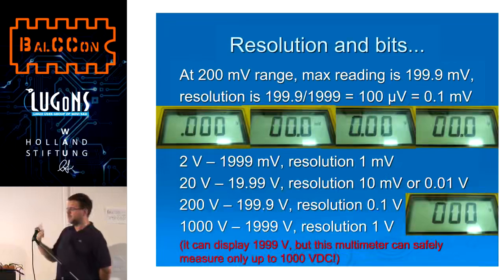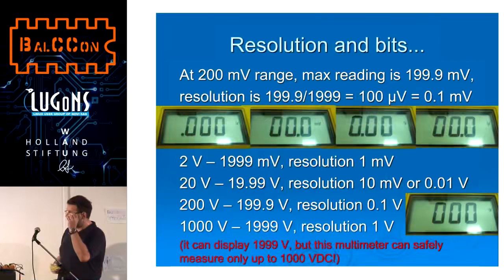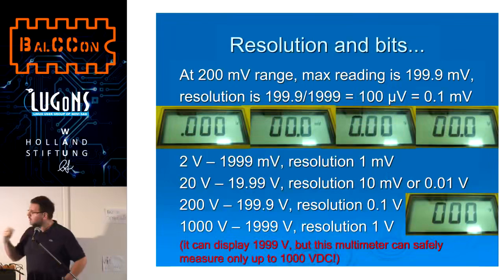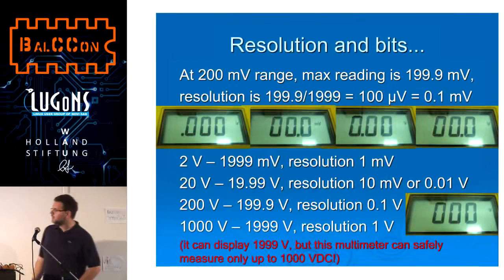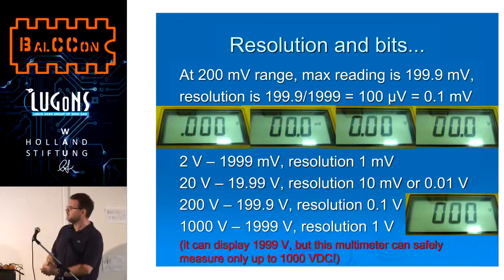As we lift the range, the resolution changes. So at 2 volts, resolution is 1 millivolt, and so on. Why is that important? Well, it's normal. At 1000 volts, you don't have to know the smallest millivolt you're measuring, it's enough to say we know it down to 1 volt.